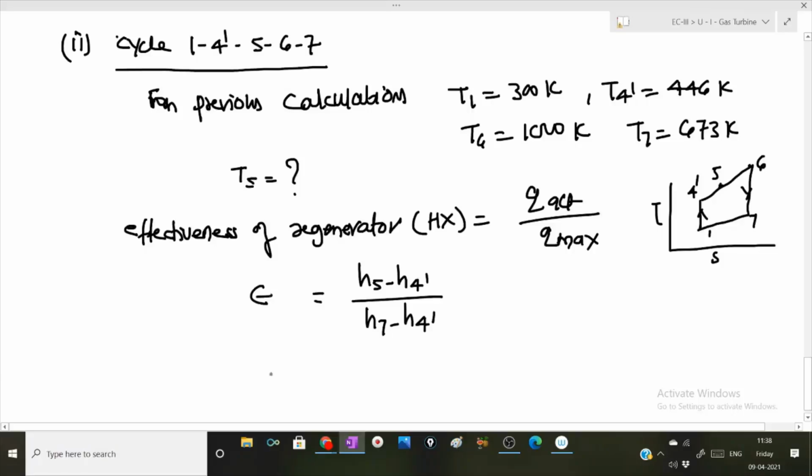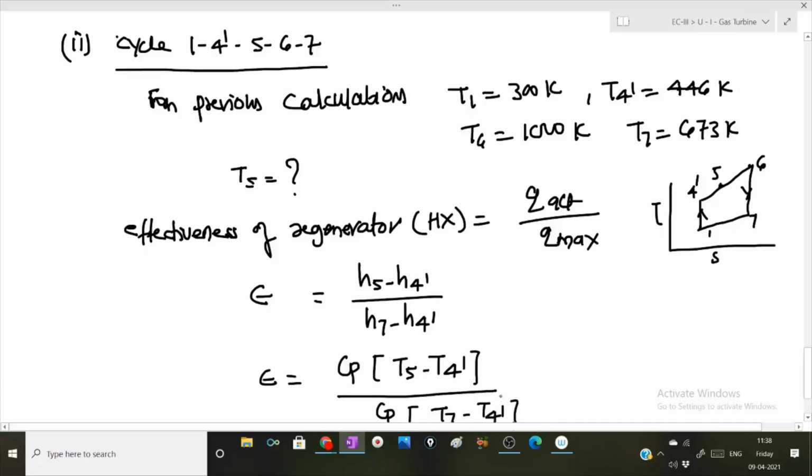In terms of temperature, effectiveness will be Cp (T5 minus T4 dash) over Cp (T7 minus T4 dash).